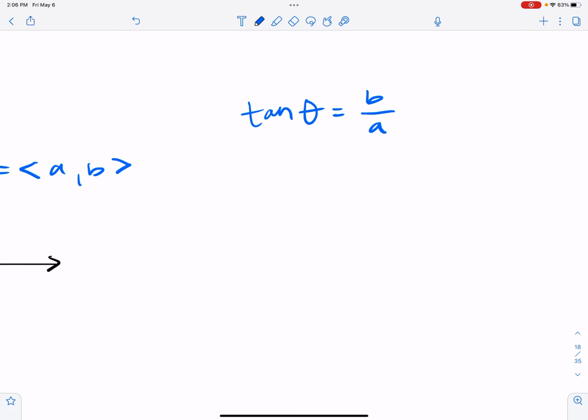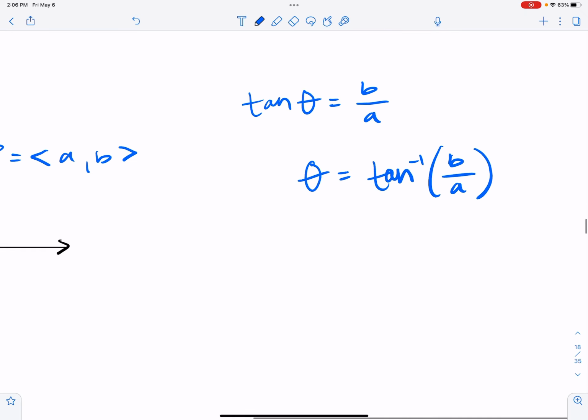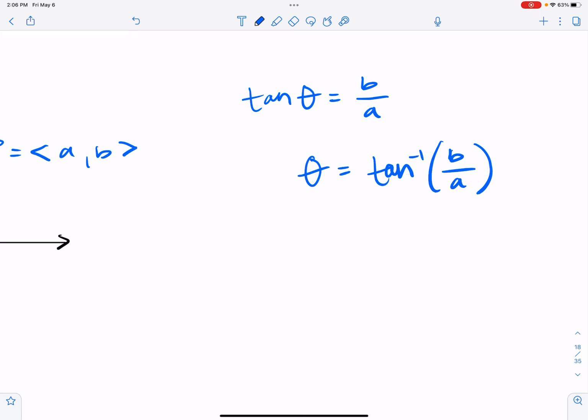So if we took the inverse tan, or the arctan, of that ratio, we would get an angle that would lie in the range of inverse tan, right?